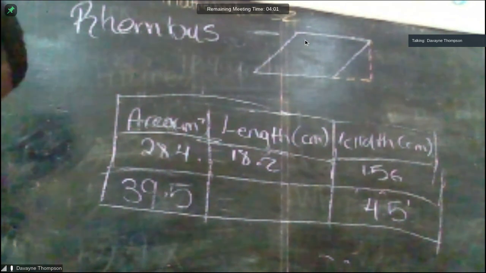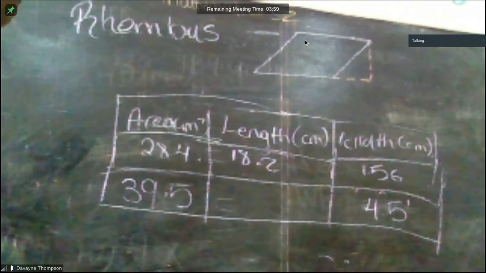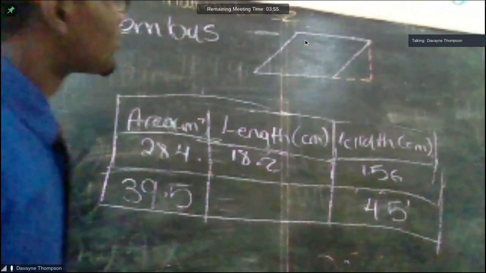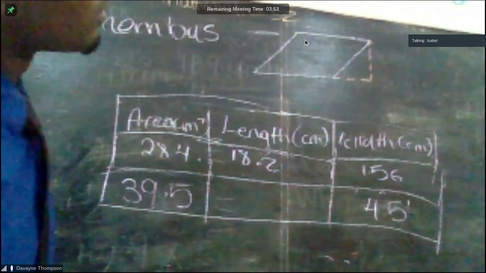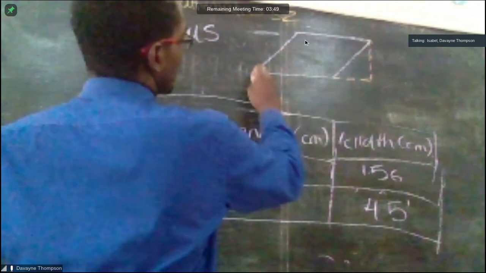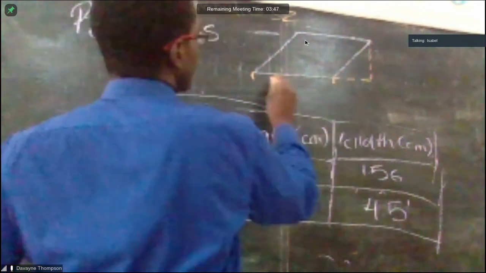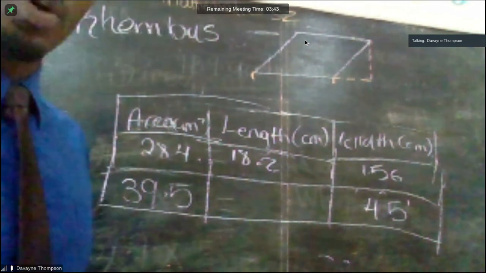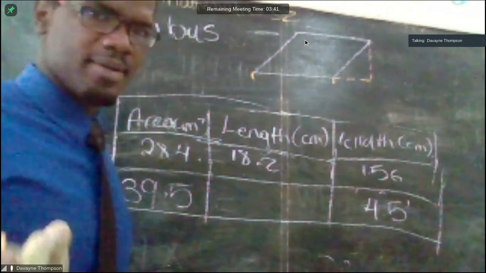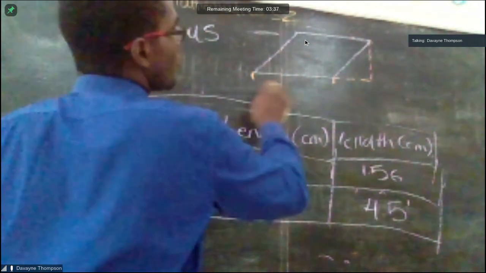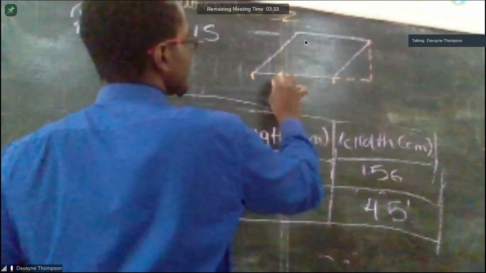Isabella? Formula for rhombus is P times Q or height times length, I think. Right. Okay, let me help you. So you said it's either P times Q or height times length. But here's what I'm going to ask you. The appropriate name for this is called base.